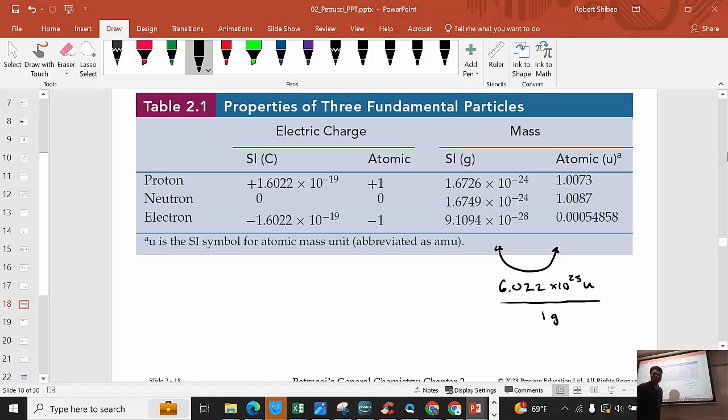So how big is an electron? The size of the nucleus has been determined. Do you know how big an electron is? It's got to be really small, right? It doesn't weigh much. But if somebody tells you the size of an electron, it's kind of weird. It has 0 size.